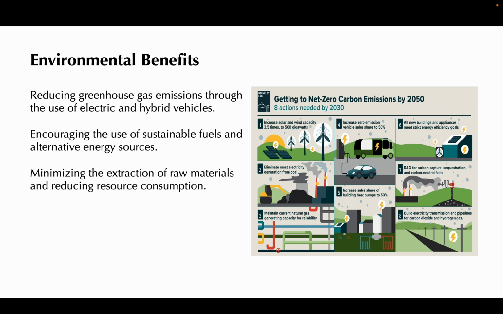Also a very good measure. I think we should do it. Number 8 is build energy transmission and pipelines for carbon dioxide and hydrogen gas. Hydrogen gas, if we could harness it, is beautiful. It's very cost efficient. It's very amazing. It's just what Elon Musk is trying to do. I think we all need to do it too at our homes, I guess.